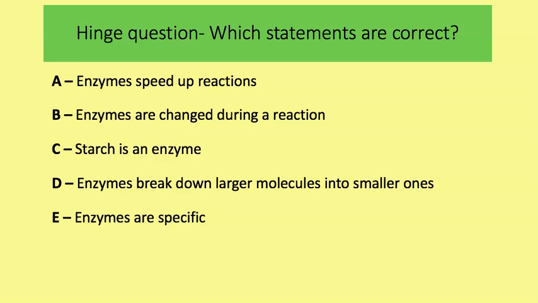Starch is a polymer that is broken down by an enzyme into monomers, such as sugar. D, enzymes break down large molecules into smaller molecules. That is true, but remember they can also build larger ones up from smaller ones. And E, enzymes are specific. That is true. Enzymes will have a specific active site shape and therefore they will only work with certain substrates. Okay?